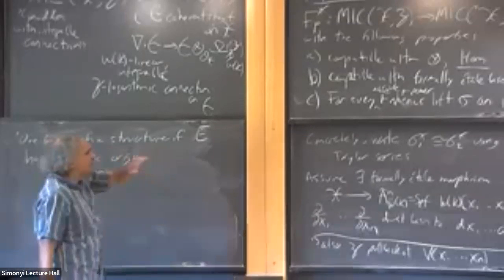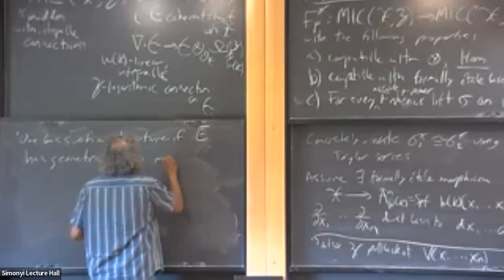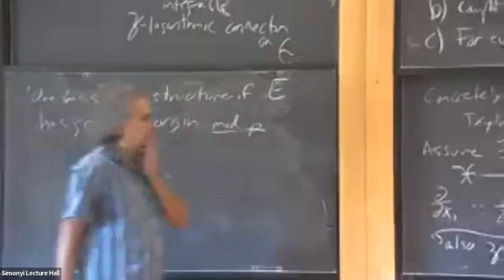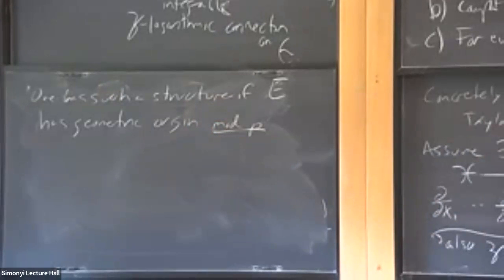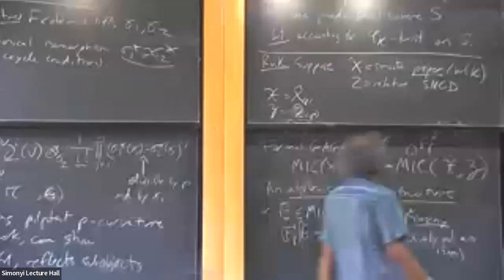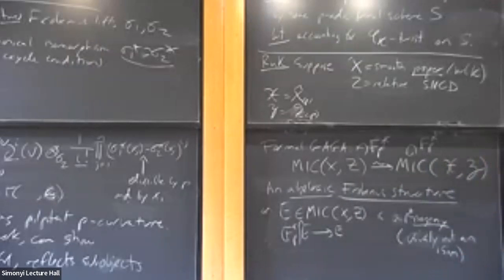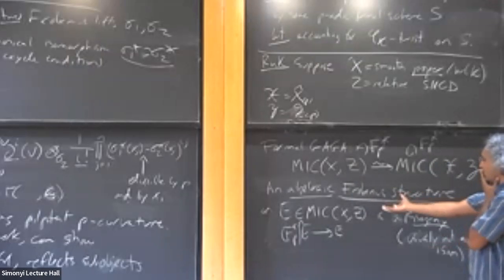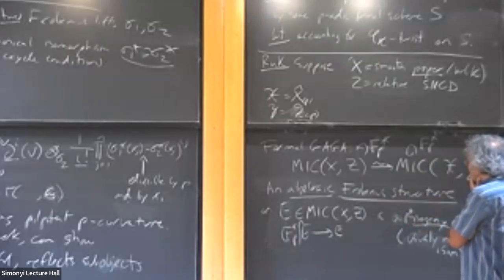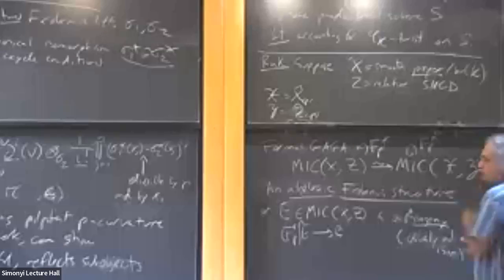But that's already true if E has geometric origin mod p. Yes, an actual map? Yeah, let's say an actual map that's an isogeny. I'm just making a definition.